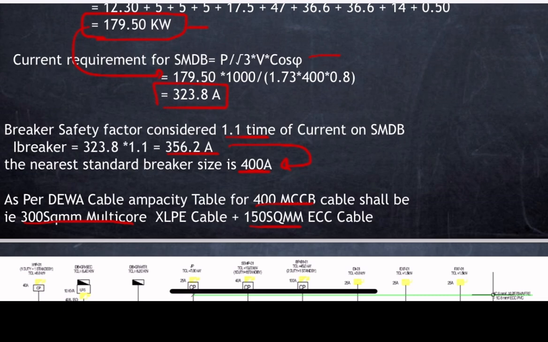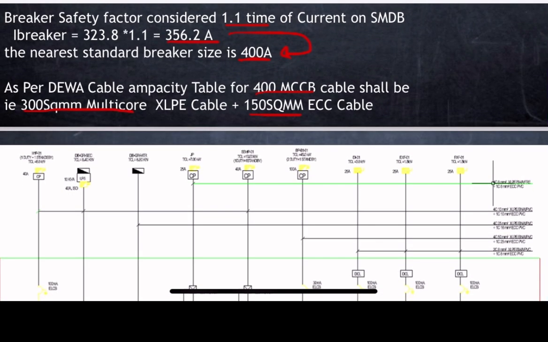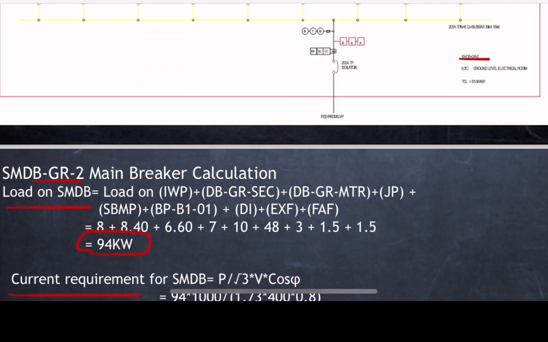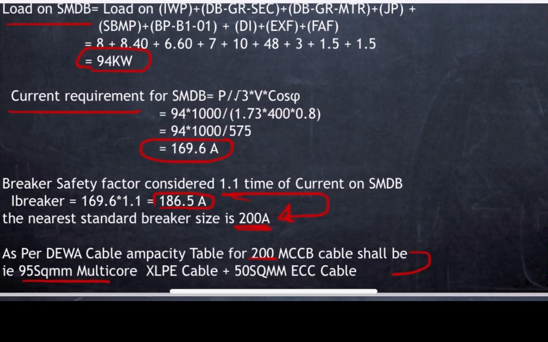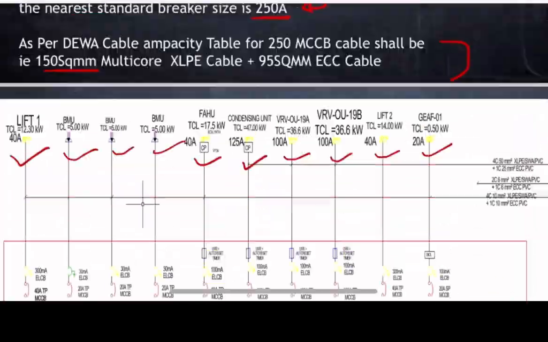As I mentioned here, for a 400 ampere MCCB the cable size is 300 square mm, and for a 200 ampere MCCB the cable size is 95 square mm. So I will show you.